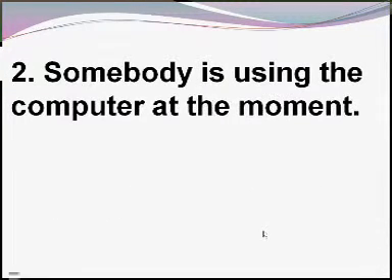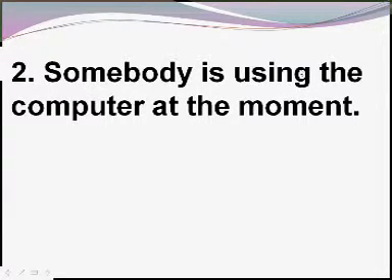Number 2, somebody is using the computer at the moment. Where is the object? Very good, the computer. So we start with the computer, and remember we have a present continuous tense.